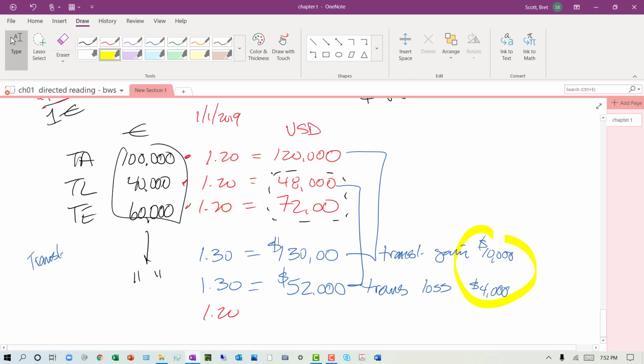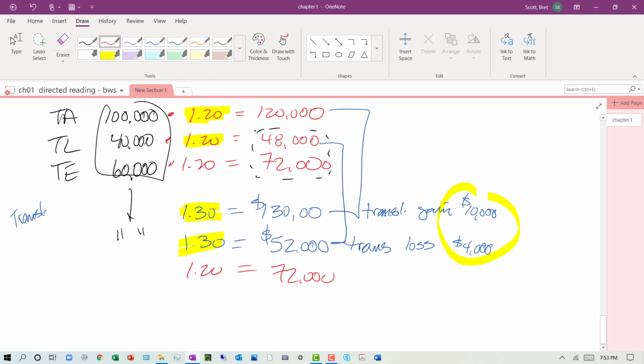Well, we saw that some of the items that use the current rate changed. The items that didn't require the current rate, we weren't really worried about those. So in this case, when I look at this translation, 72,000, assets minus liabilities equals equity. What am I missing in this situation?